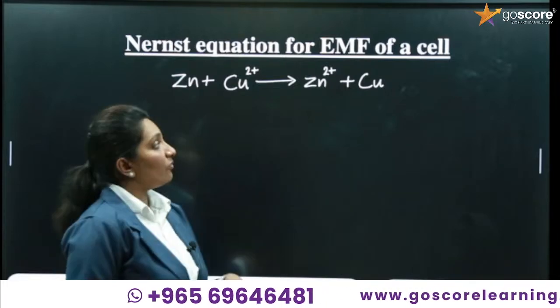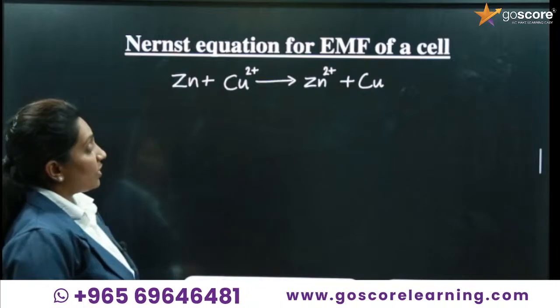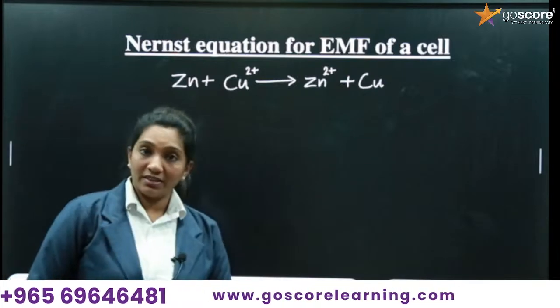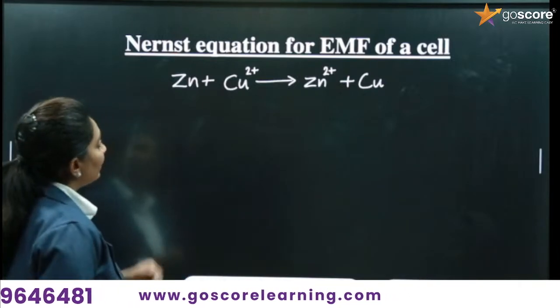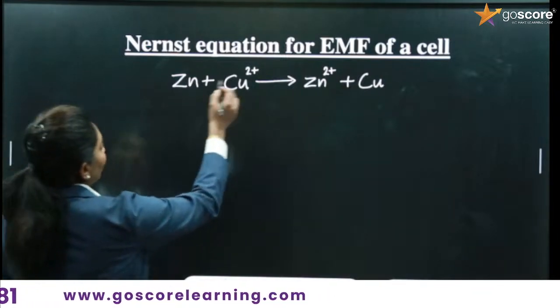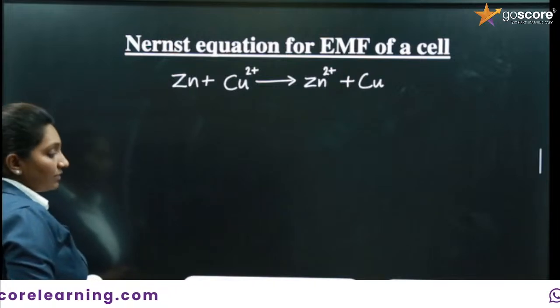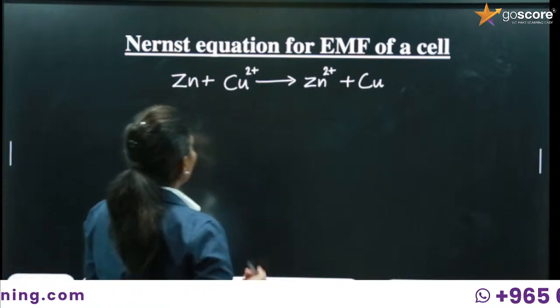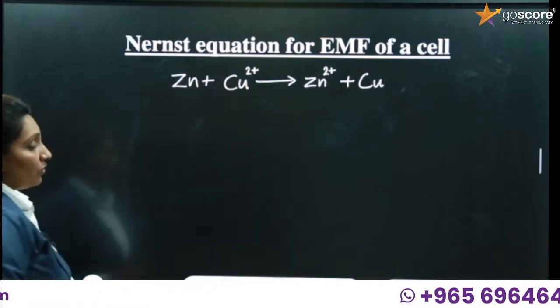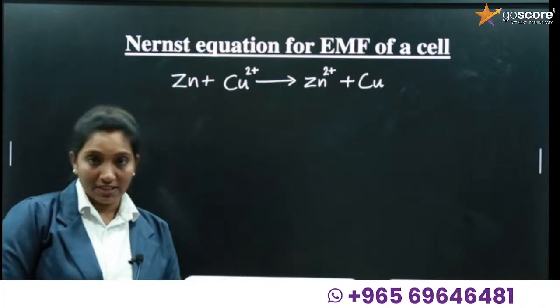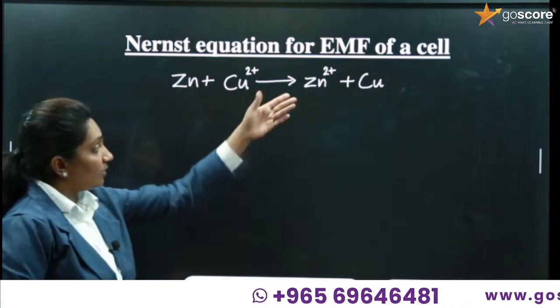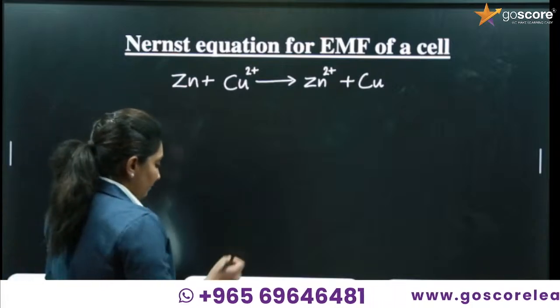Now let's see how we can find the Nernst equation for the EMF of a cell. For that we are considering the galvanic cell, in which zinc plus Cu2 plus ions give Zn2 plus and copper. Here we know that zinc undergoes oxidation and acts as the anode, and copper is the cathode, right?